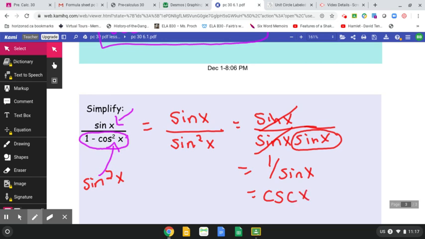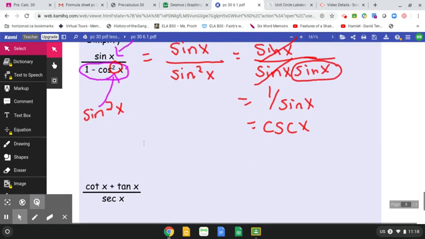Sometimes it takes a little while to find the Pythagorean identity that you're dealing with because you do have to manipulate them. But I will tell you, anytime you see that squared, always look there first. All right, I am going to stop talking. I am not going to do this last example. You will be fine without it, I promise.